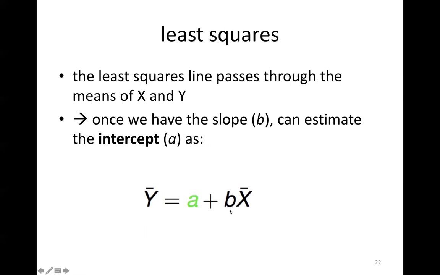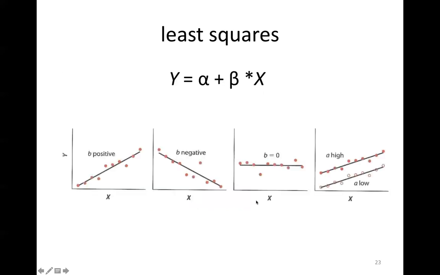So if we know the slope, and if we know the mean of y and mean of x, of course we do, calculating the intercept is trivial, right? A is basically the mean of y minus this product. And thus you can get an estimate for the least squares regression line.